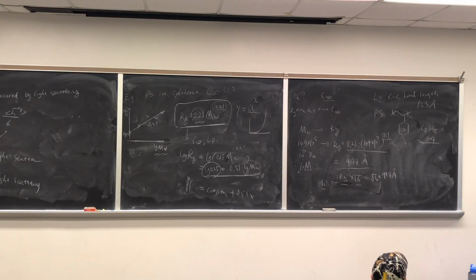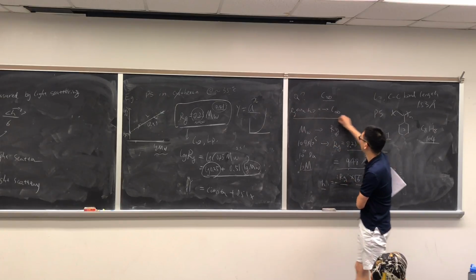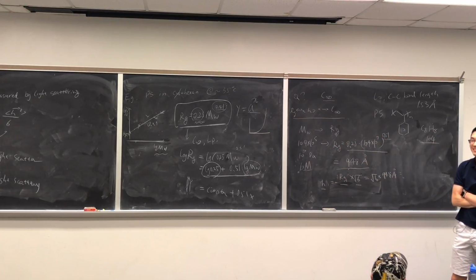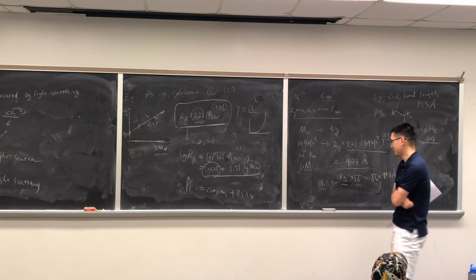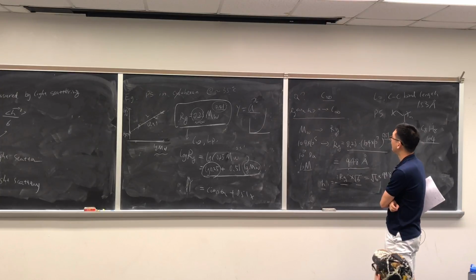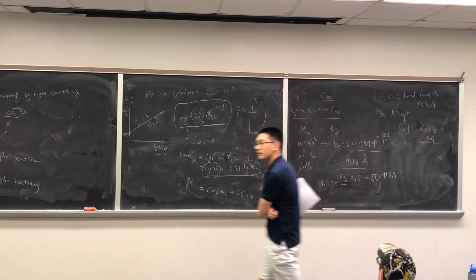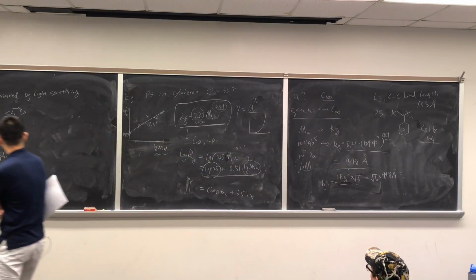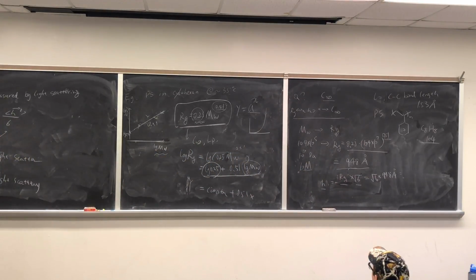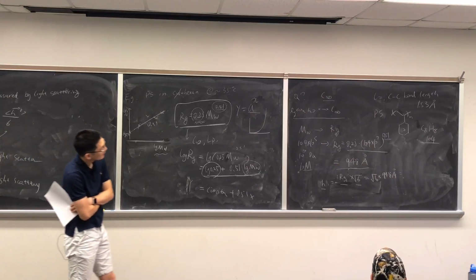So how about the next step? We are very close to the characteristic ratio, as I mentioned here. What does the LM stand for? Right to the left of the equal sign of the 948 angstroms?